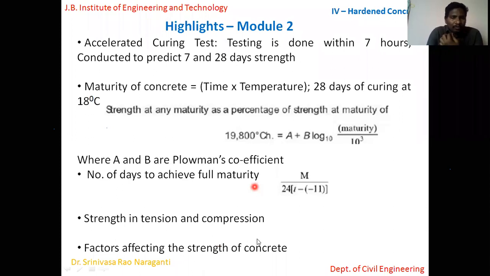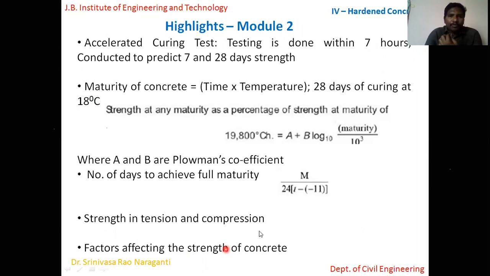Then we talked about aggregates: grading of the aggregates, their modulus of elasticity, strength of the aggregate, strength of the parent rock. And then we talked about type of curing, and what kind of pozzolanic materials you're using. Then certainly maturity is one more parameter that affects the strength of the concrete. Okay, this is what, in a nutshell, we discussed in the previous class.